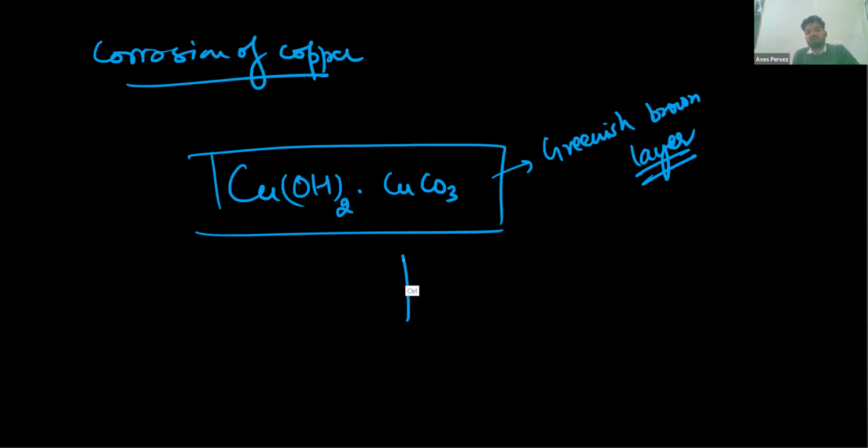When you wash it with a mild acid like citric acid or lemon, this layer will dissolve, and a fresh new layer of copper comes out. If you have a copper utensil that has been corroded by this layer, wash it with mild acid like citric acid, which is present in lemon.